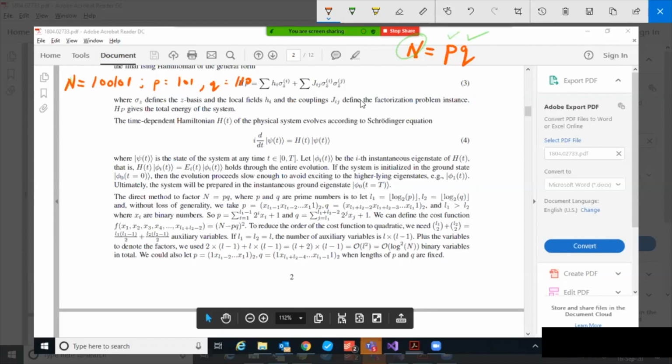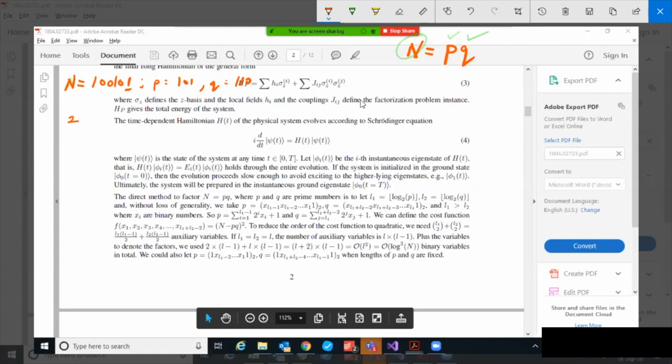Since p and q are prime numbers, a big prime number will not be even, it will always be odd, because if it's even, it is divisible by 2 and then it's not prime. Any odd number will always have its last digit as 1. If its last digit is 0, that means it's divisible by 2. So any prime number will always have its last digit as 1.